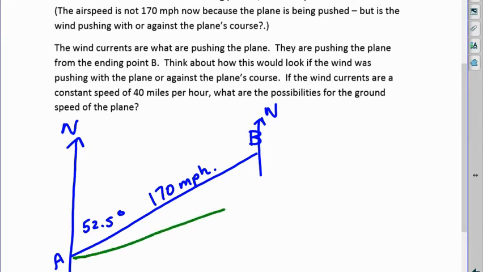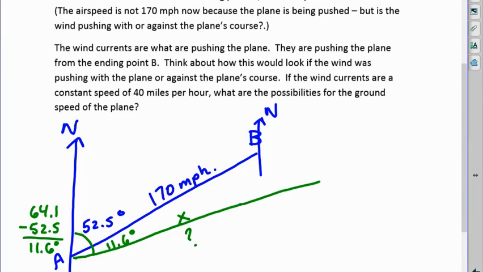So let's draw a different line, and this other angle is 64.1, and 64.1 subtract the 52.5 tells me that the little sliver of an angle here is 11.6 degrees.